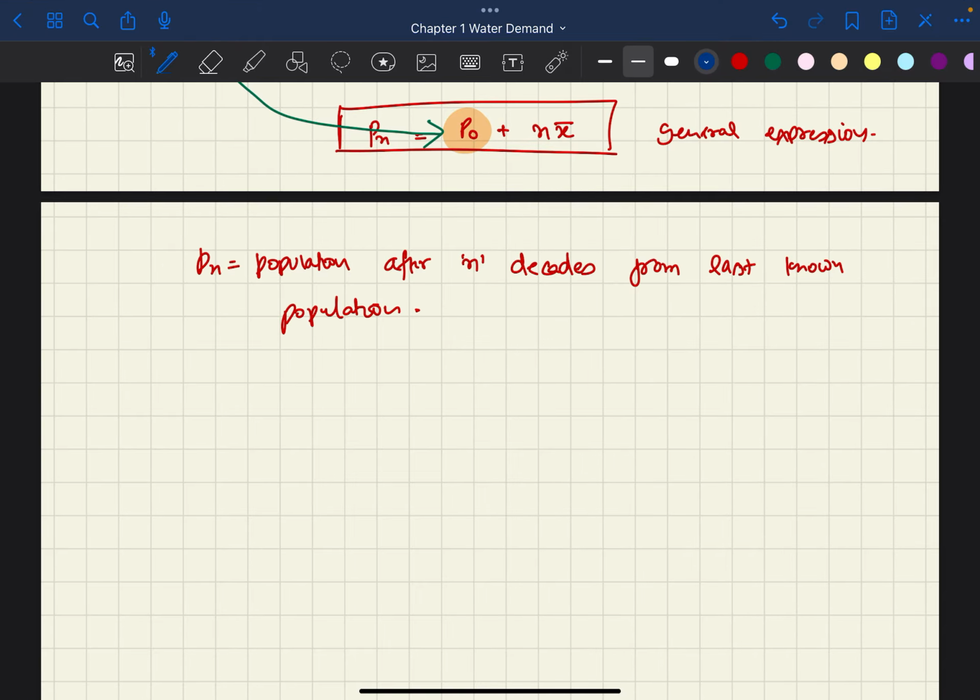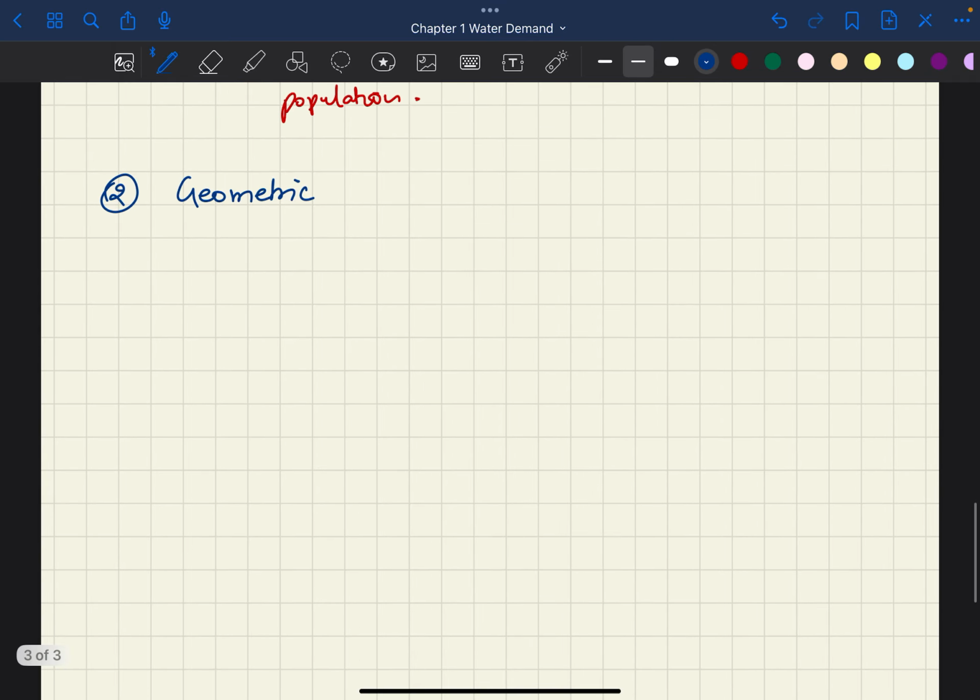Now we are coming to the second method. This is geometric increase method. Other name for this is uniform rate of growth method.